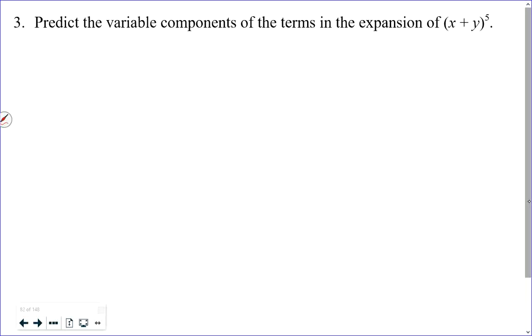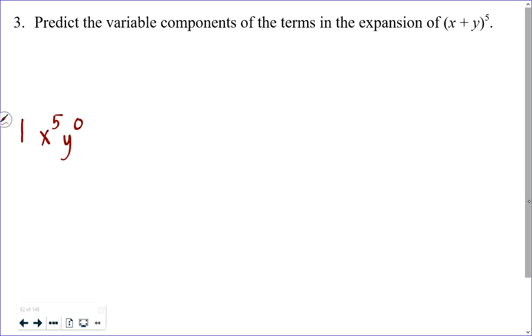Okay. Predict the variable components, so we don't know what the coefficients are going to be, of the expansion of this. Well, the first term will contain x to the 5, and although we don't need to write y to the 0, we could. By the way, we do actually know what this coefficient is, don't we?